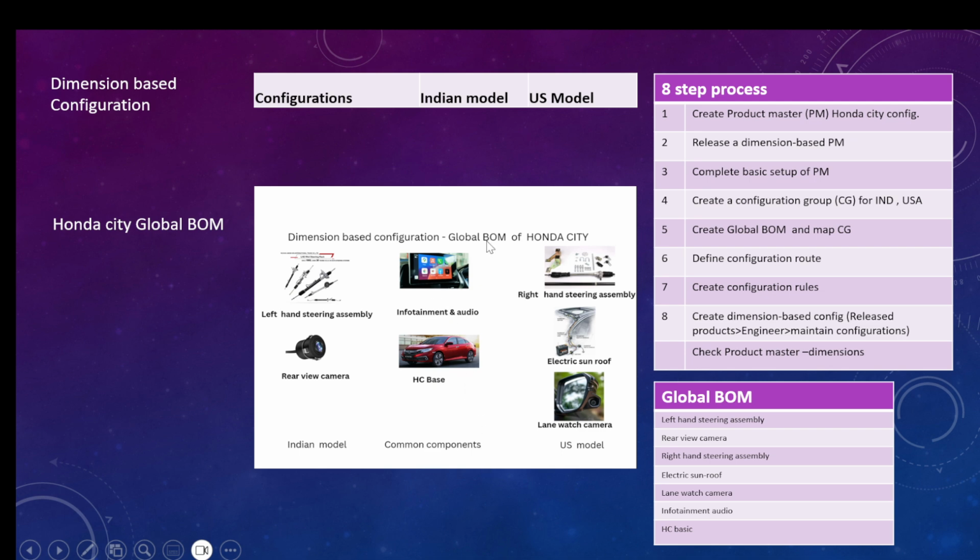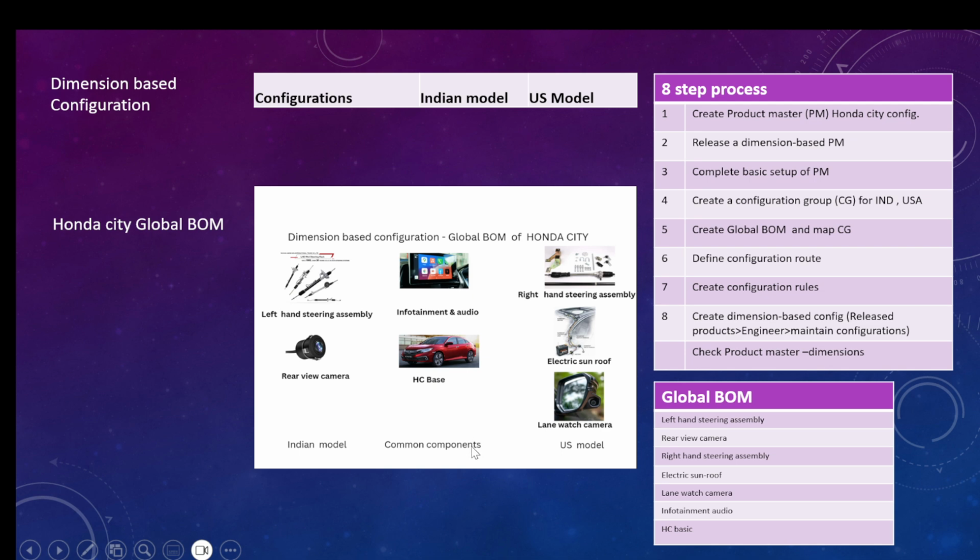So I don't need to assign a configuration group. Whereas these two and these three are assigned to specific versions of the product master. For example, this is a component list for the US model, and this is a component list for the Indian model. And these two are going to be available in both versions. So I don't need to assign a configuration group.